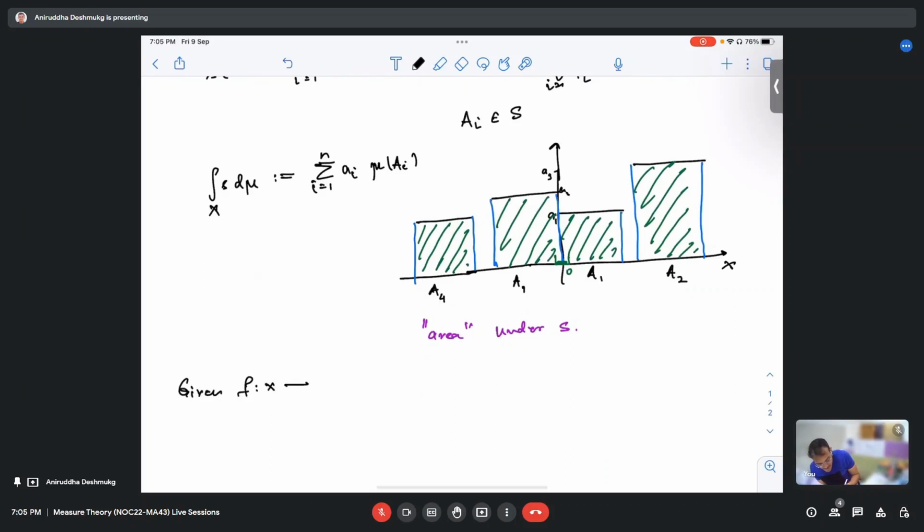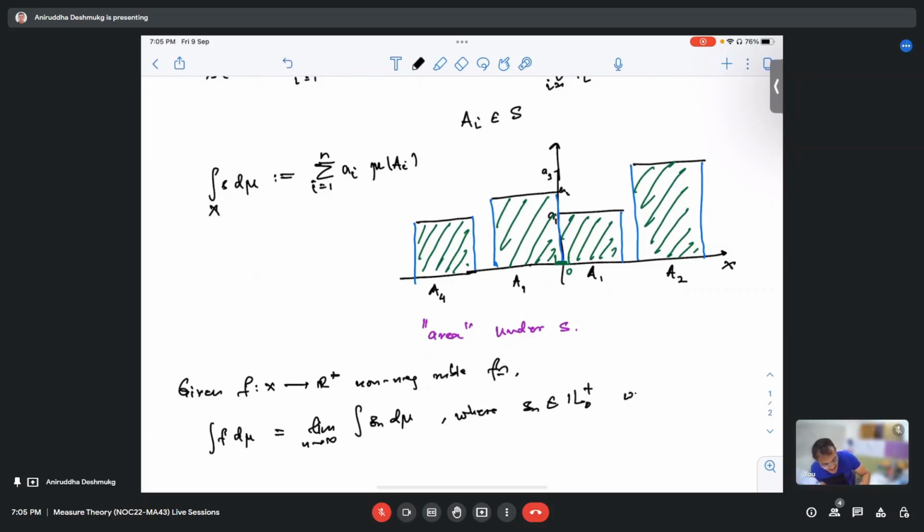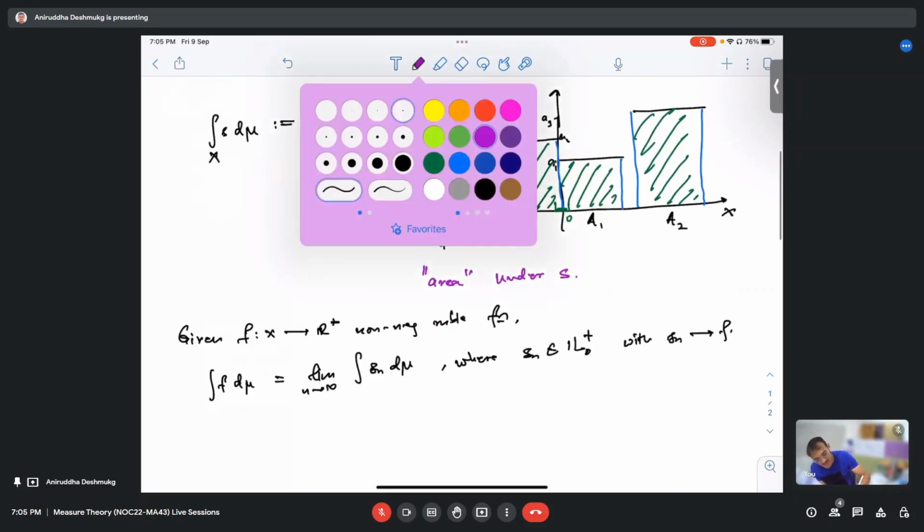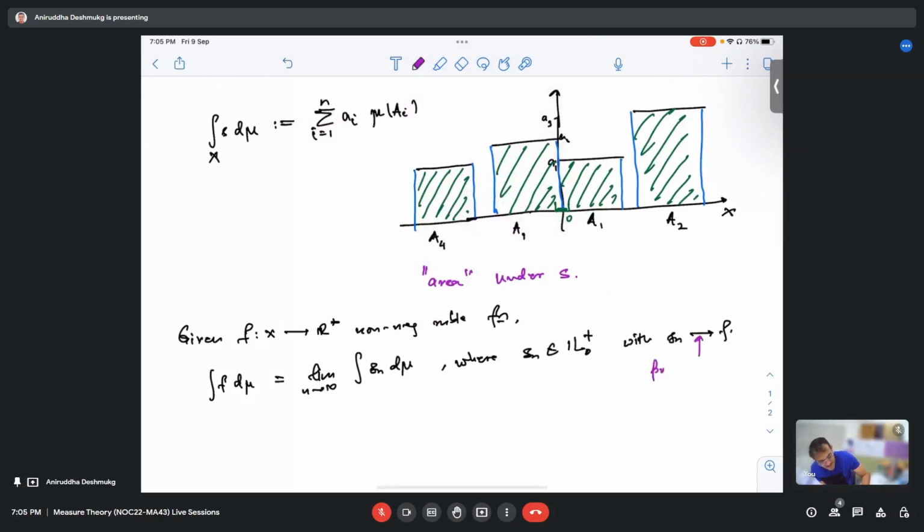Given f from X to R star, non-negative measurable function, we define integral f with respect to mu as this limit of integral s_n with respect to mu, where s_n are non-negative simple measurable functions with the property that s_n converges to f. So this convergence is pointwise. That means we take any point x in the capital X set, s_n(x) converges to f(x).